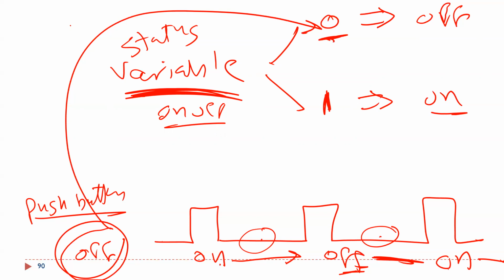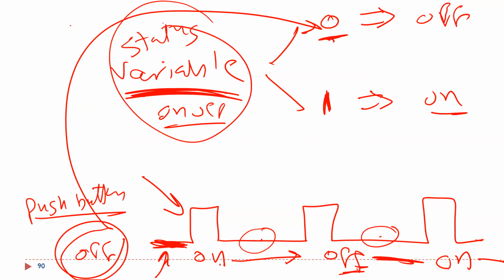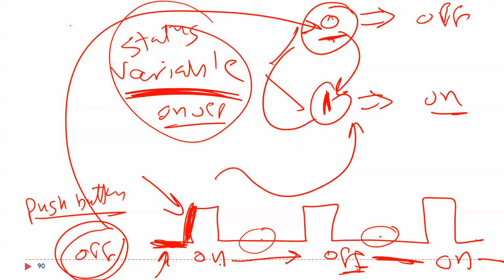Also, inside the while loop, I'm going to check the pin here. If this pin is 0, that means I don't need to do anything, do nothing. However, if it is 1, then if the variable is 0, I'm going to make it 1, and if it is 1, I'm going to make it 0. You got what I'm saying?